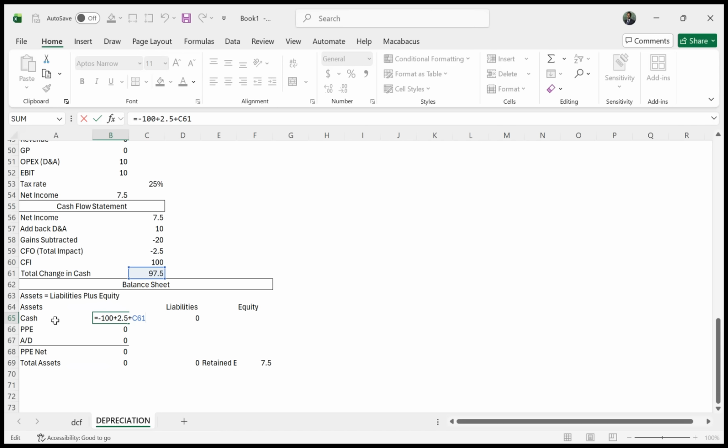It's a wash, actually. PP&E goes away. You're getting rid of that. Accumulated depreciation kind of goes away. PP&E net. So then this is your total assets right here from the deal.